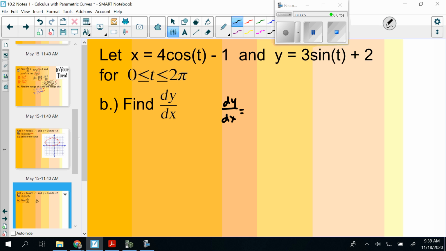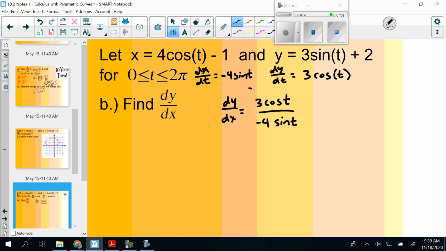Derivative of y, dy/dt here, would be 3 times the derivative of sine, which is cosine t, and the derivative of 2 is 0. So that would be what we have on top here. Over our dx/dt, which is going to be the derivative of cosine is negative sine, so -4 sine t. And the derivative of -1 would be 0.